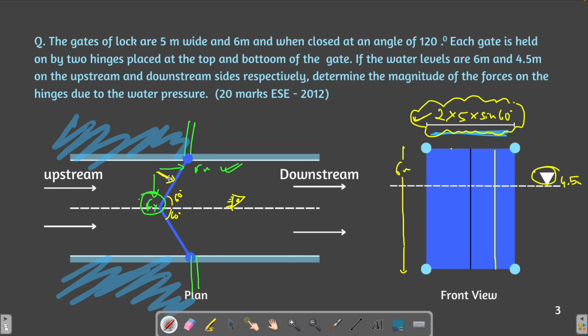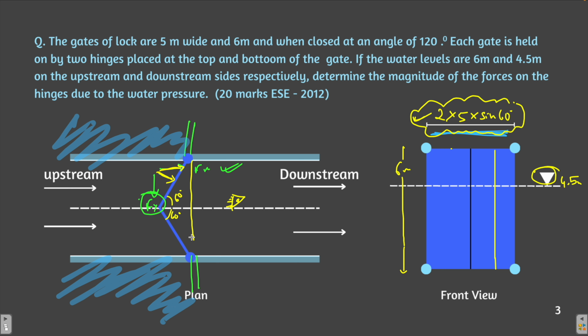So forces in the y direction will be 0, nullified, and forces in the x direction will act in this direction. That means it will act on the projection of the gate on the y axis. This is the y direction, that means y axis.